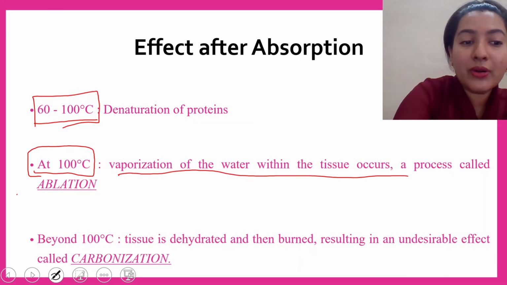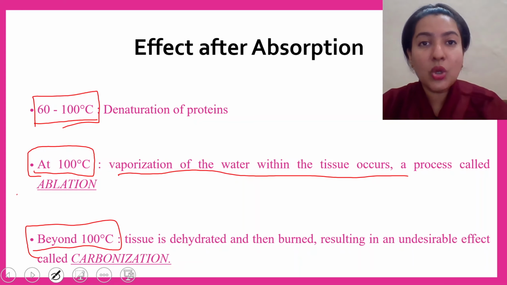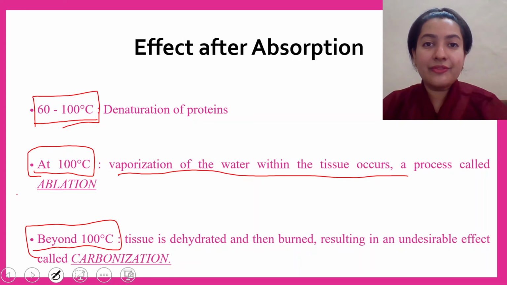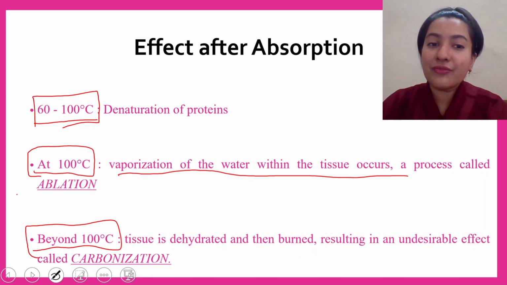Next, beyond 100 degrees. If I continue to point my laser light onto the surface for a very long period of time and the temperature goes beyond 100, the tissue is dehydrated. At 100 degrees Celsius, my water was already vaporized.